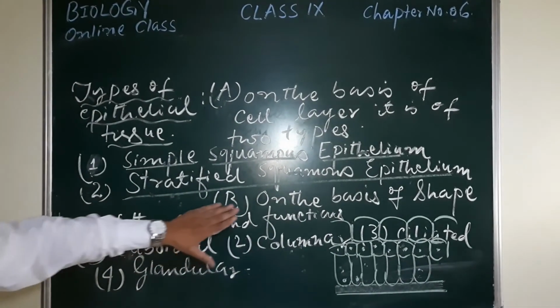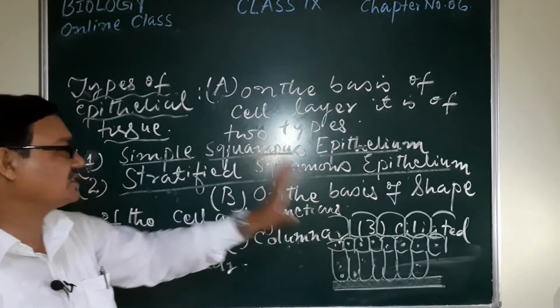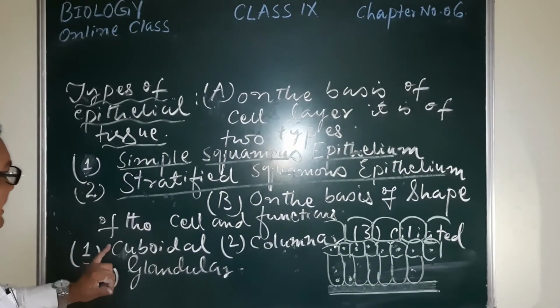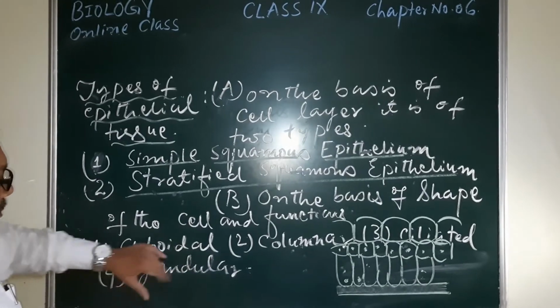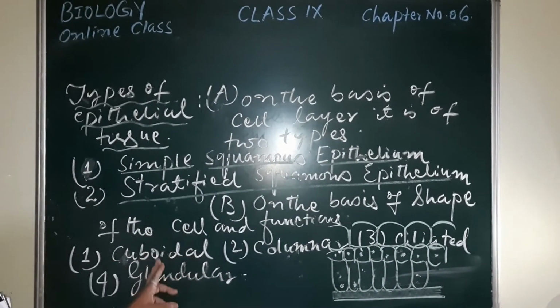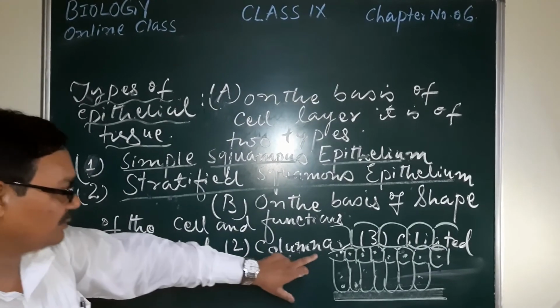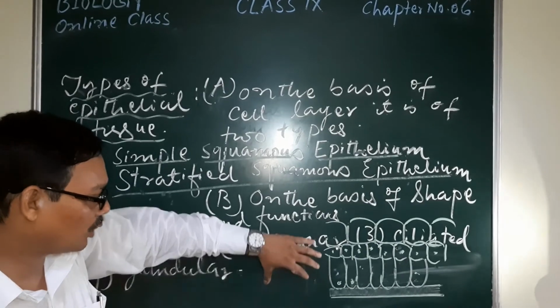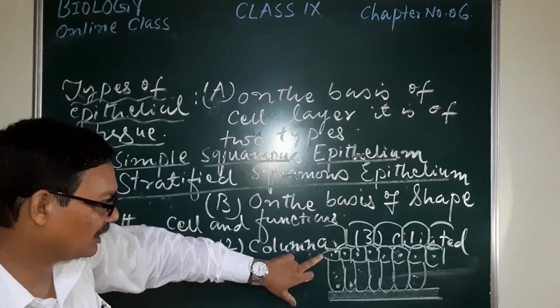The second important criterion on the basis of which the epithelium is classified is the shape of the cell. If the shape of the cell is cube-like, it is known as cuboidal. If the cell is pillar-like and taller, it is known as columnar epithelium.